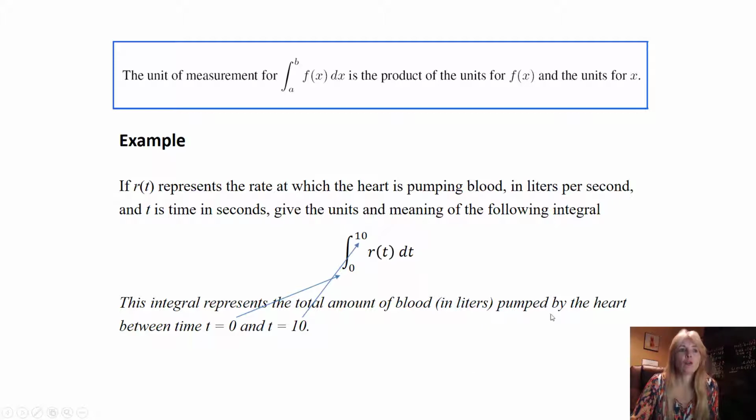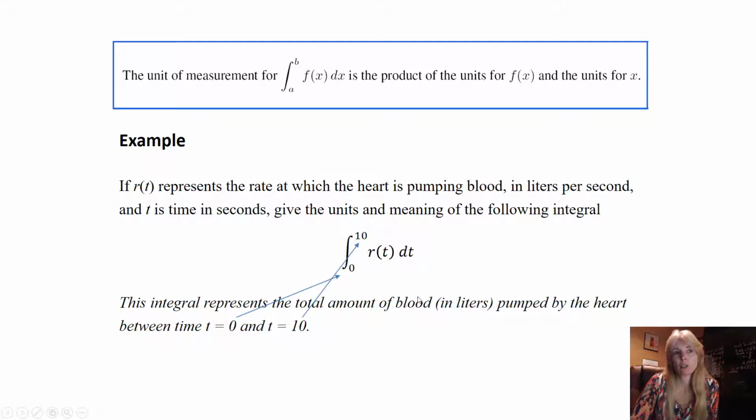And thus my units, if I had a function here and I worked this out, I am given a rate, the heart is pumping blood in liters per second, but my answer when I work this out will just be liters. So it gives me the total amount of liters.